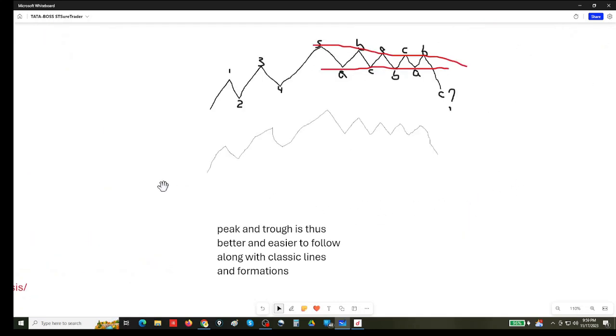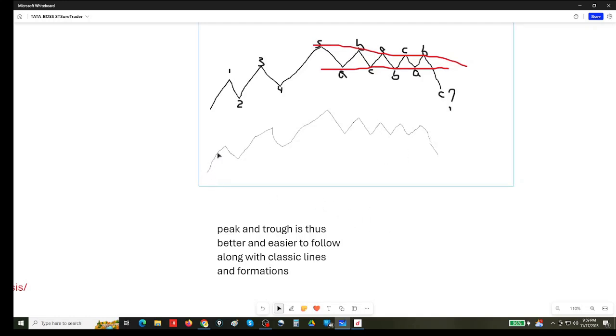You simply count the higher highs and higher lows, as you can see, for an uptrend, and the lower highs for confirming a downtrend, which only gets confirmed here with the lower low. Otherwise, if these are relatively flat, then these are not new lower lows, which doesn't confirm the downtrend yet. It's only confirmed here. So the peak and trough is much better.